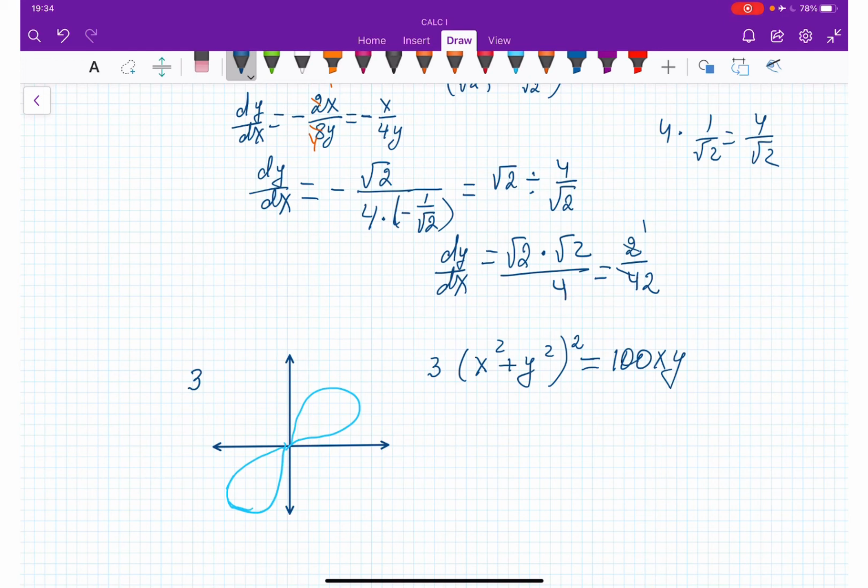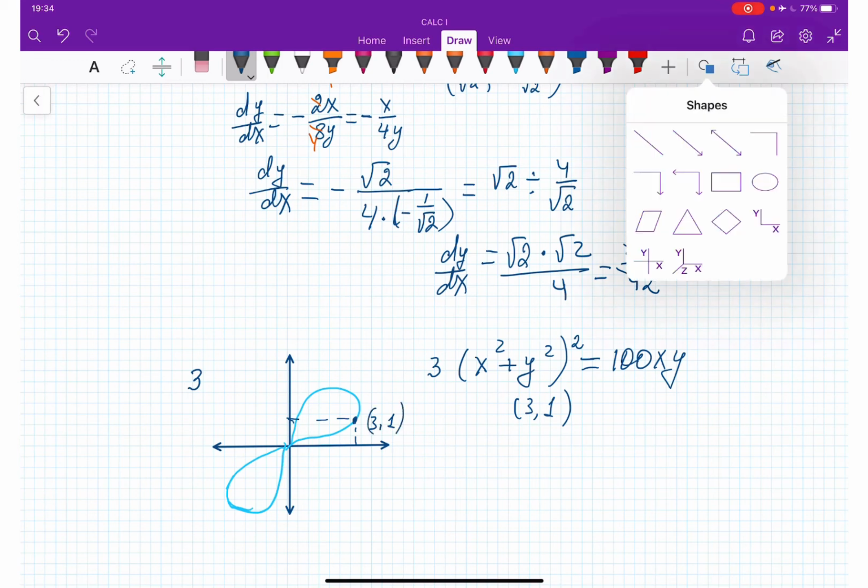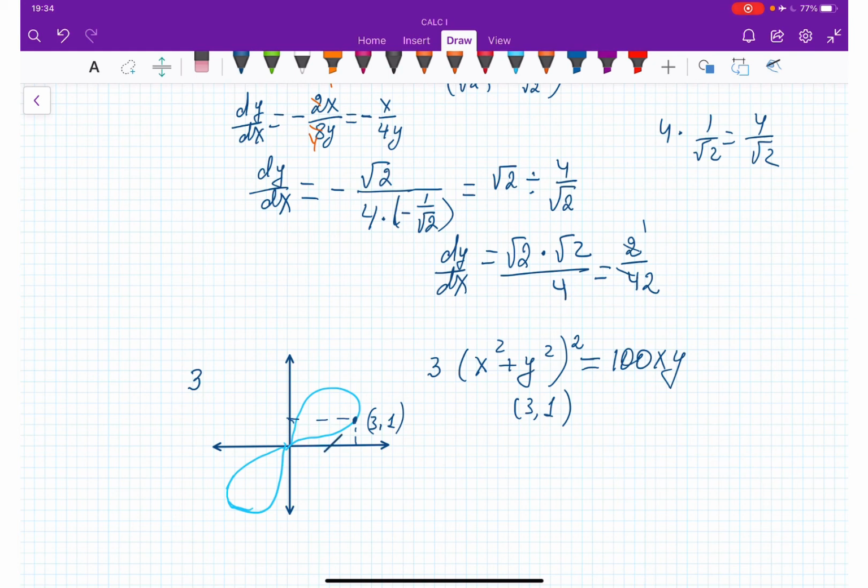And we need to find the slope of the tangent line at the point 3 and 1. So assuming this is 3 and 1, and the tangent line is going like that.